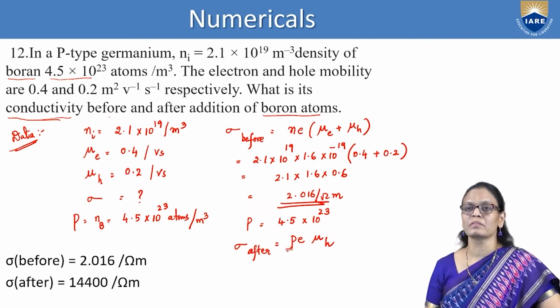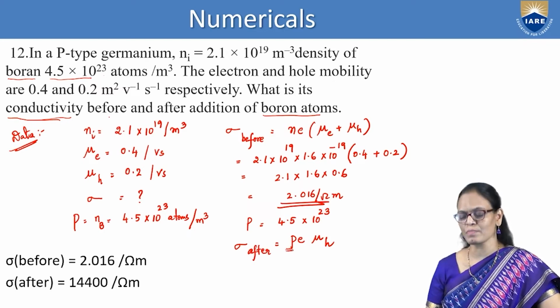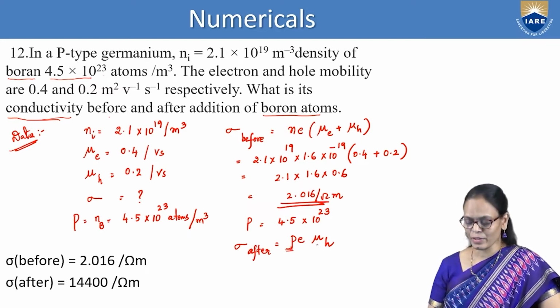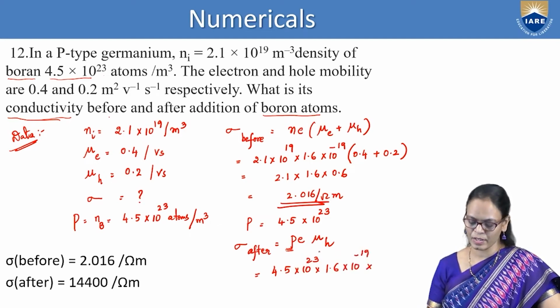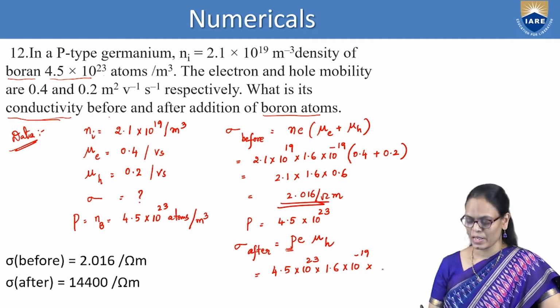I consider the concentration of atoms of boron as p, into e, into mu H, the mobility of hole. So what is the value of p? 4.5 into 10 power 23 into 1.6 into 10 power minus 19 into mobility of hole, 0.2.